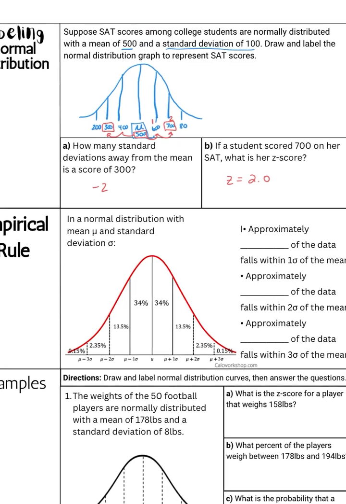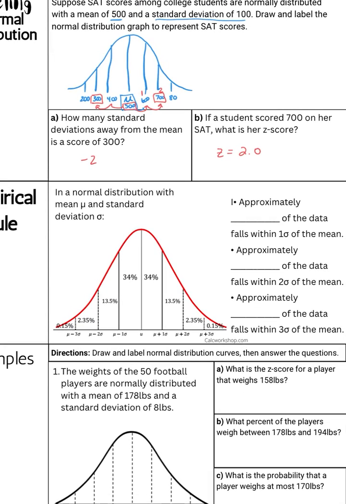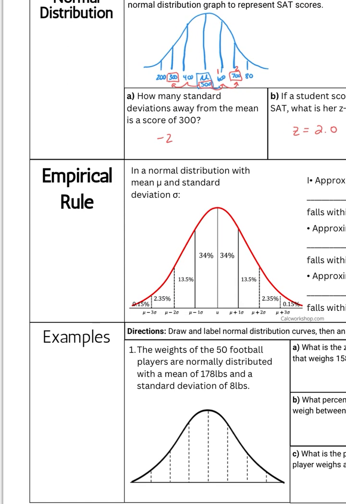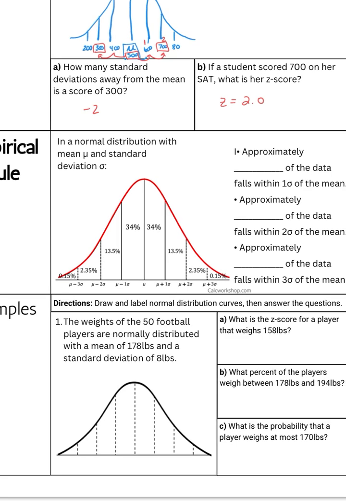Now, you can approximate how much or where a data point is in relation to the rest of the data, or approximately how much data is within a specific range if we use what's called the empirical rule. So the empirical rule says that approximately 68% of the data, if you were to take fair and equal data, would be within one standard deviation.